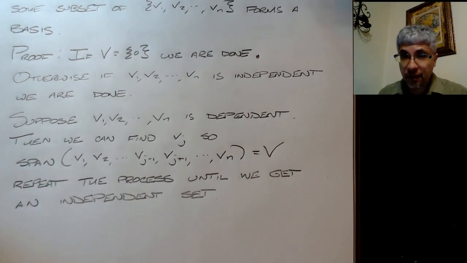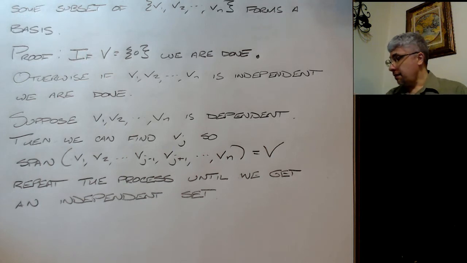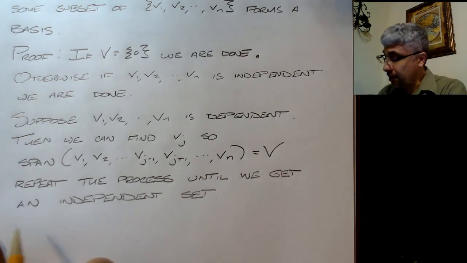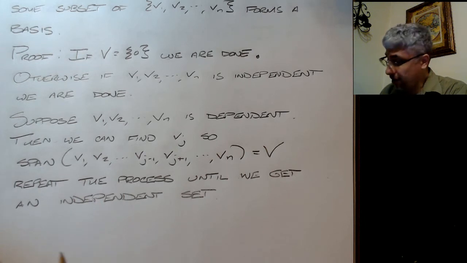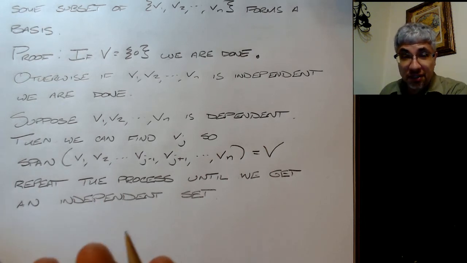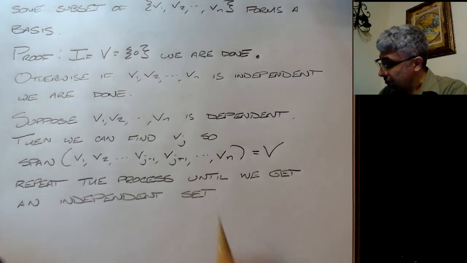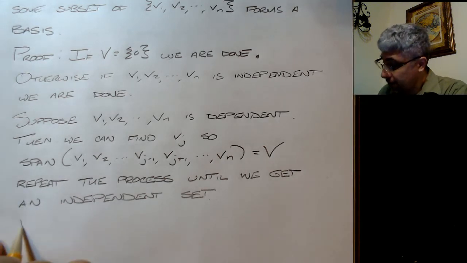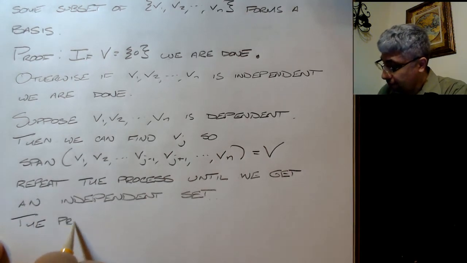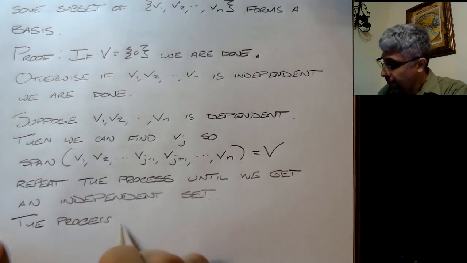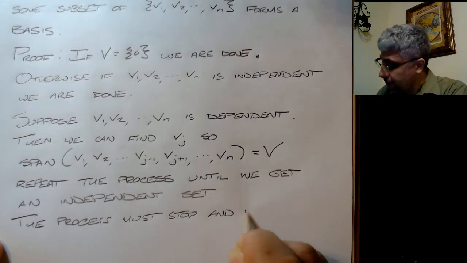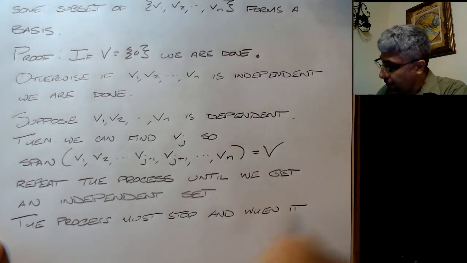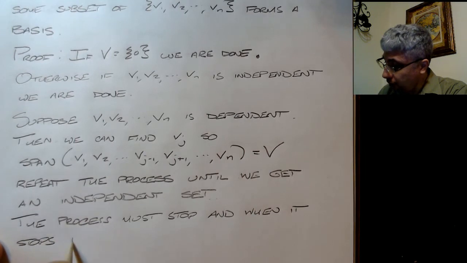But that can't happen because a single vector forms an independent set by itself. So because of that, the process must stop. And when it stops, we are done.